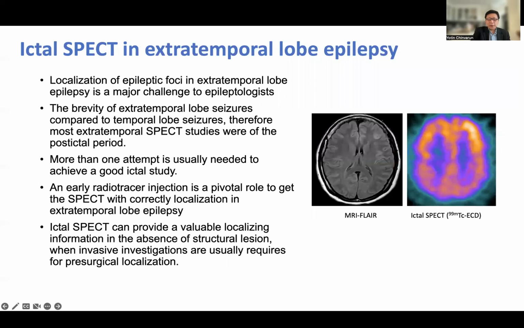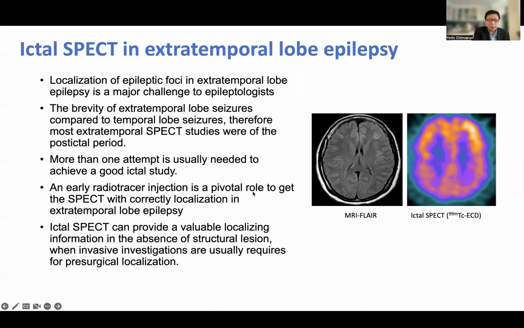How about ictal SPECT in extratemporal epilepsy? Localization in extratemporal epilepsy is a major challenge to epileptologists. Because the seizure duration is short compared with temporal epilepsy, the injection time has to be shorter. We recommend not more than 30 seconds to achieve a good ictal SPECT study.